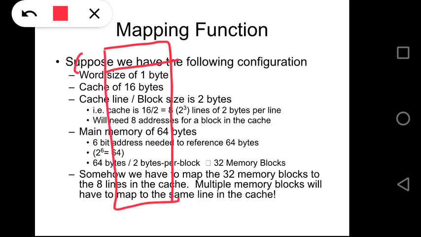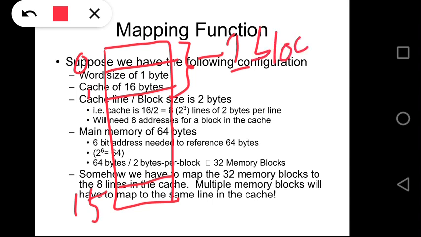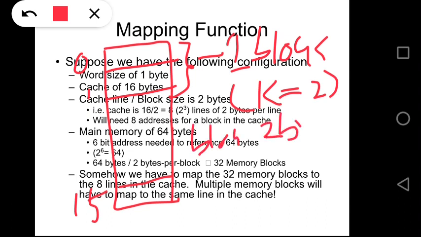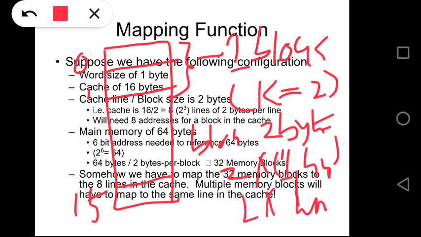It contains 0 to 15 words, and you are saying two words are one block. The block size is 2 because k is equal to 2. Block size is 2 bytes, which means 2 into 1 byte, and 1 byte is 1 word, so 2 words.